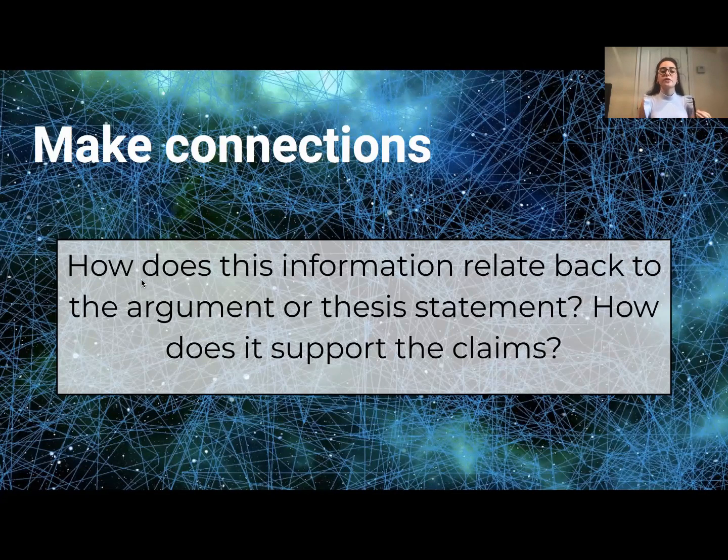So make sure that you're looking at the information that's being provided, like the evidence that Dr. Kirley Freeman provided, the texts, the context of how Black soldiers were treated during the war, what was the context in France, what the animosity was between the French and the Canadians in that context as well, and in that time historically. So again, how is the information provided relating back to that argument or thesis statement or author's position? And how does it support the claims?